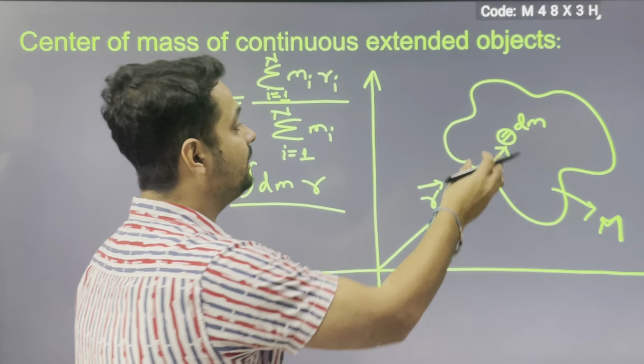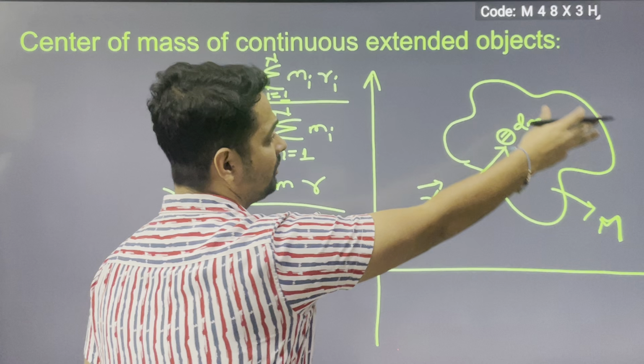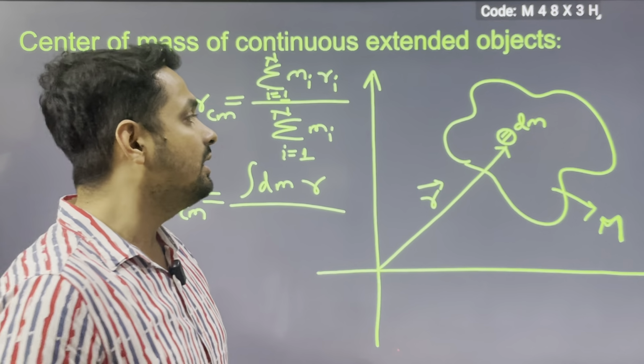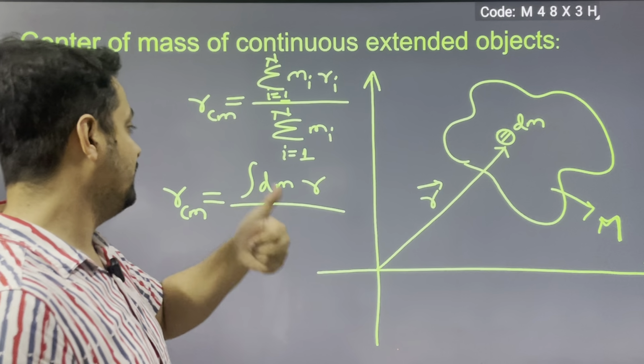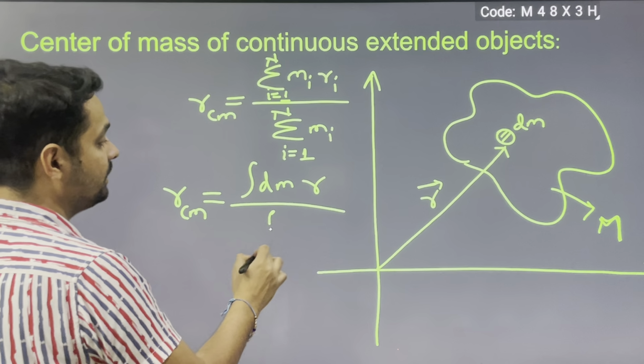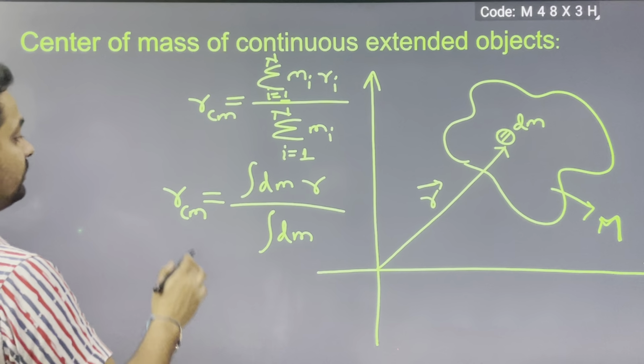First I divide the body into dm parts, and their mass moment sum I find in terms of integration. Then the integration of dm means the total mass, M.